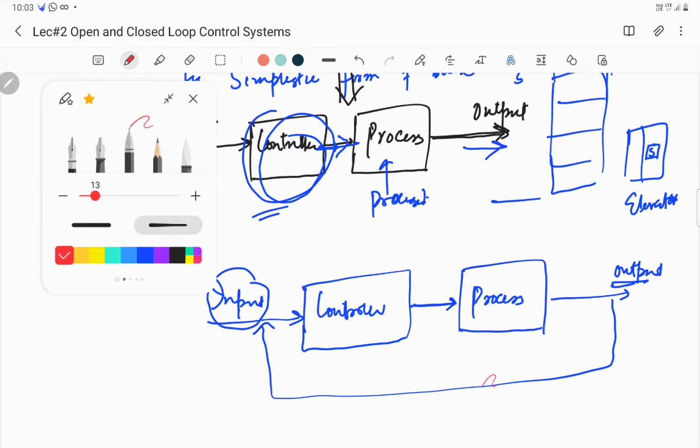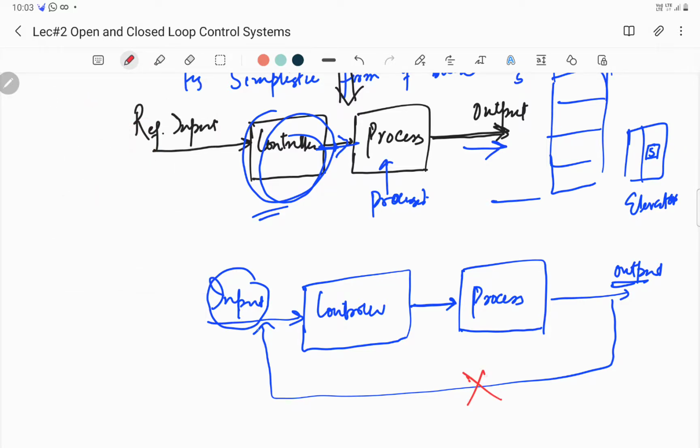What does that mean? That means if we intend to reach the fifth floor, for example, in the case of an elevator, we actually reach some level which will be very close to the fifth floor, slightly up or down, or even in certain cases we may not be exactly able to reach the fifth floor. But does the input know about it?